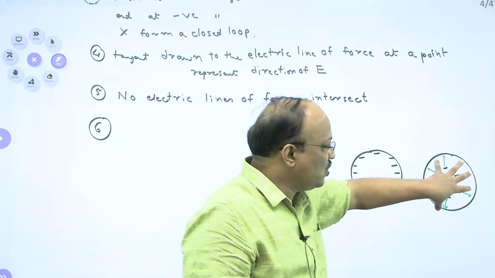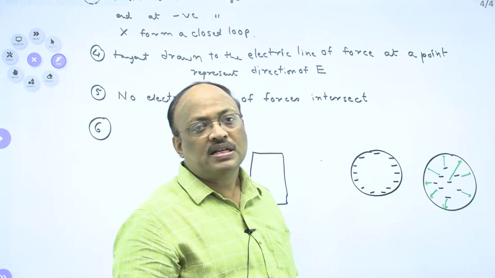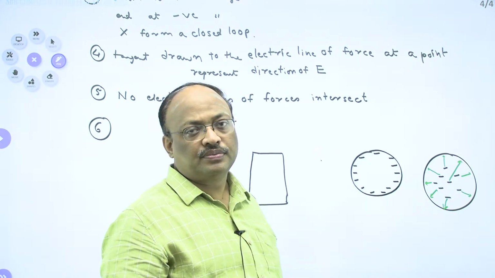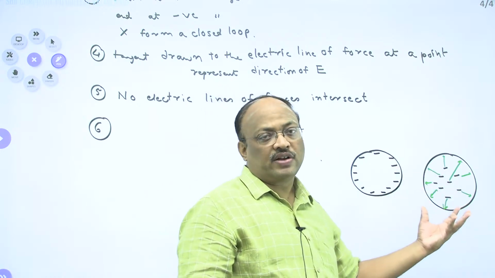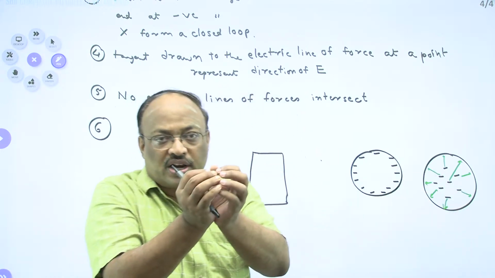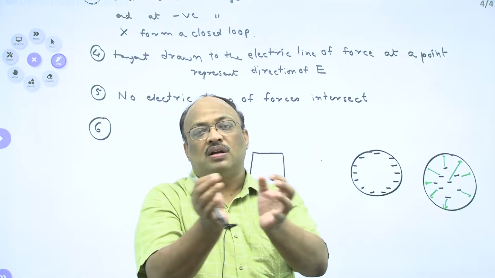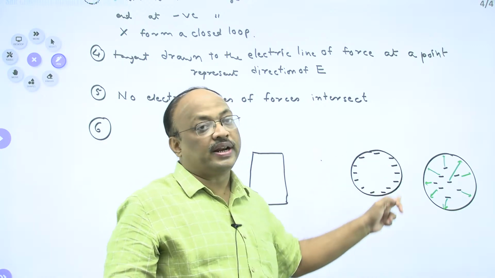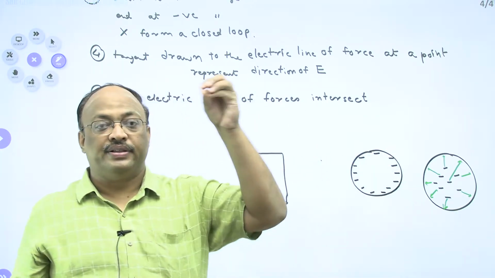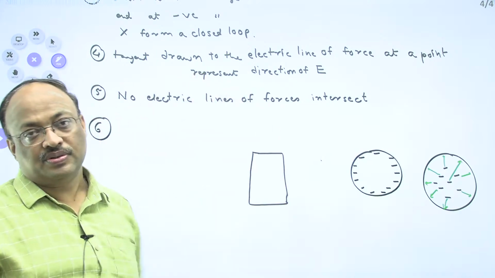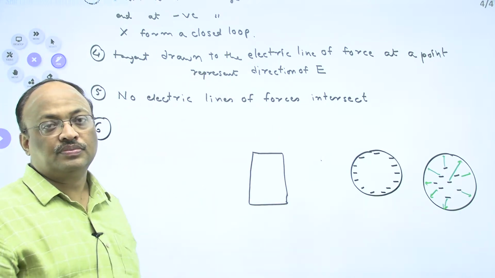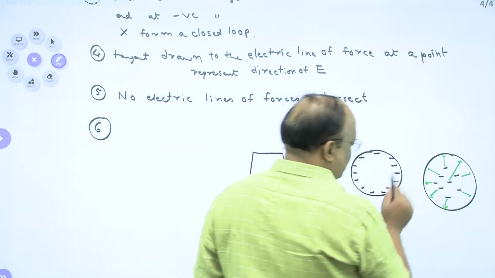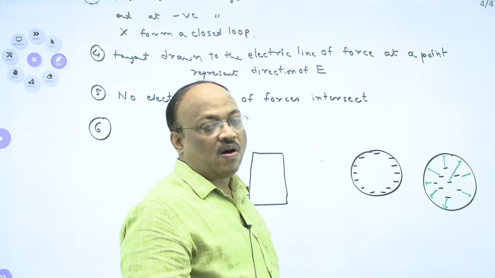So these charges, which may be generated at the center of a solid conductor, get repelled by one another as soon as they are generated and start to move away from one another, and finally they reside on the surface.